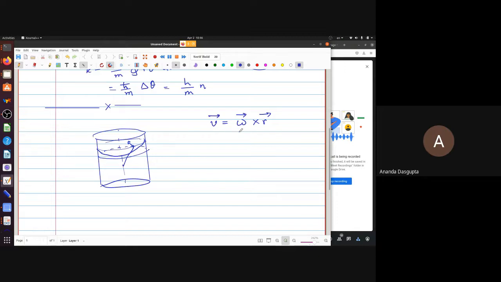This is a standard result in classical physics. And what is curl of such a V? That is curl of omega cross r. How much is this?